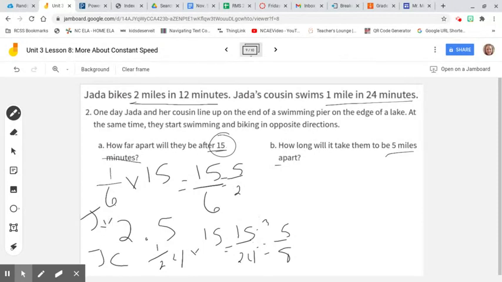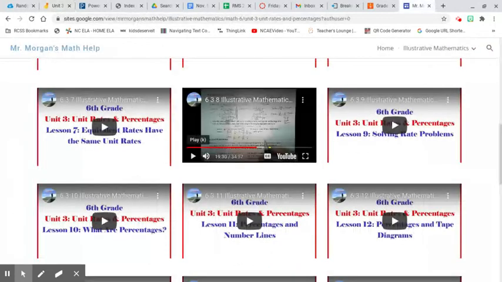Okay. So what he was talking about, how long will it take them to be 5 miles apart? Okay, and he was talking about taking this 5/2 and this 5/8 and adding them together. So let's go on and listen to what he says.